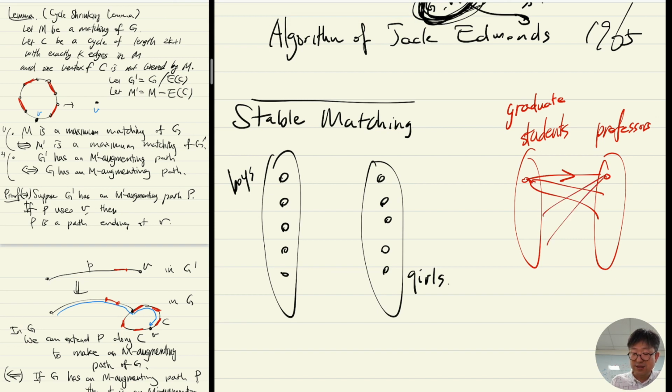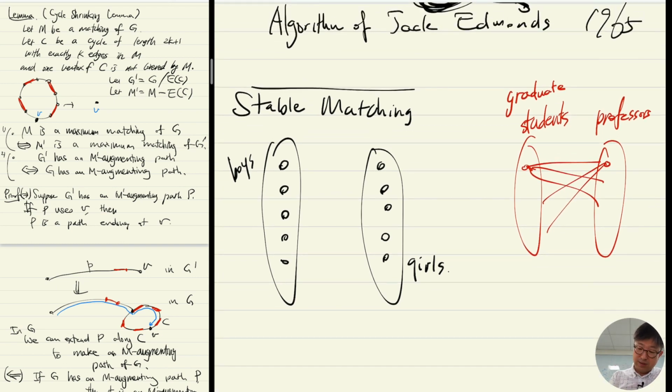Professors have choices, but sometimes they will be unhappy if the choice is not optimal. What do I mean? Okay, so let's say you have two people, A and B, and two other people, C and D. And let's say A is matched to C, B is matched to D. But what if A likes D better?